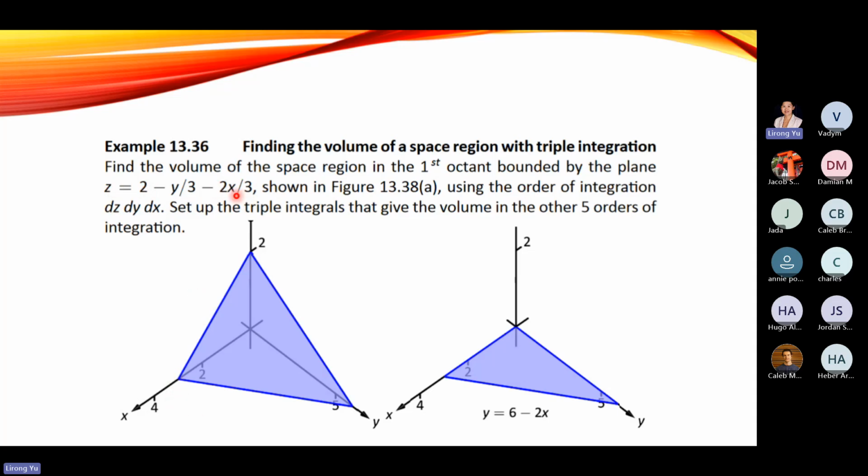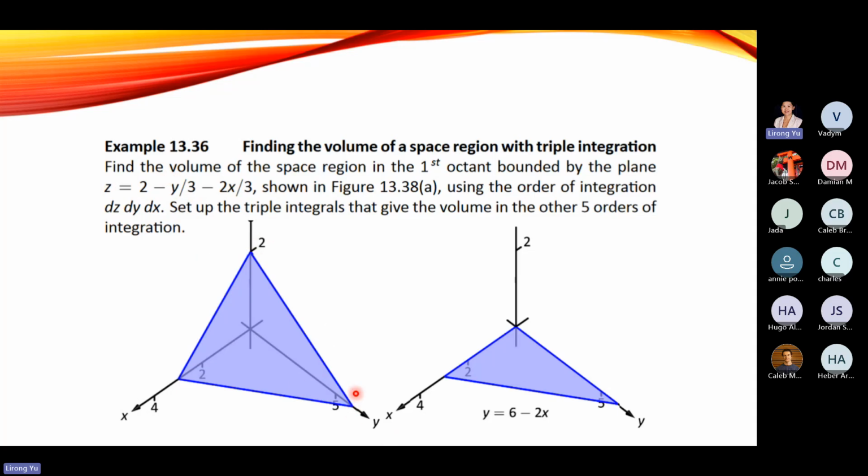That's x equal to 3, because 2 minus 2 times 3 over 3 equals 0. It's this intersection. Over here, this one is on the yz plane. On the yz plane, x equal to 0. So z equal to 2 minus y over 3. So y equal to 6. When y equals 6, z equals 0. That's 2, that was 6.